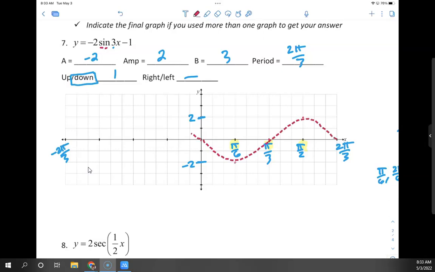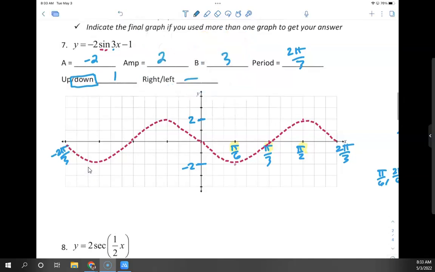Okay? And then I'll draw the actual one that's just like down 1 from that. All right? Which is literally like, oh yeah, and it went down first because it was negative, right?